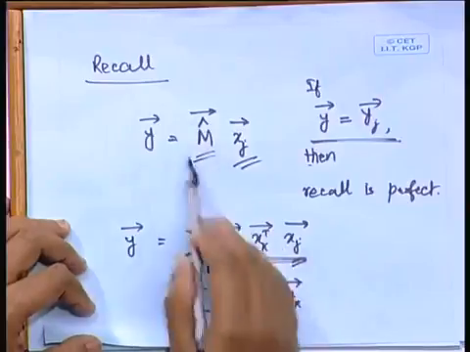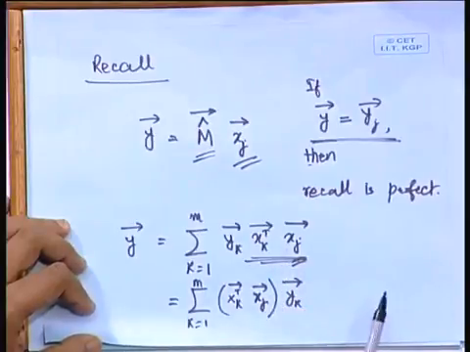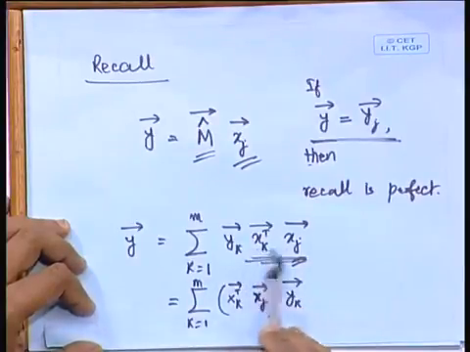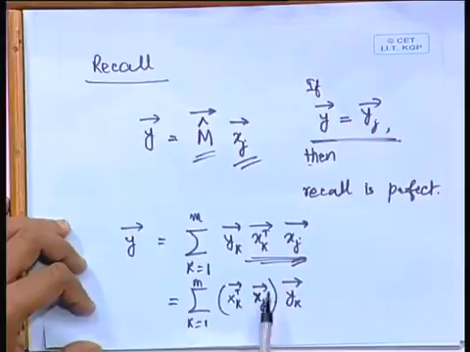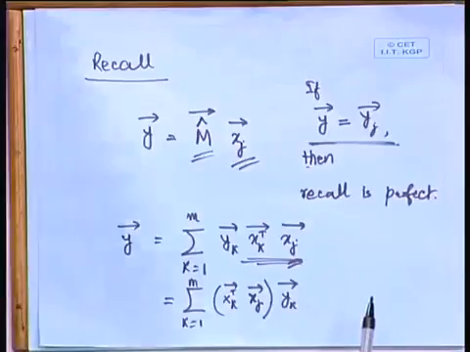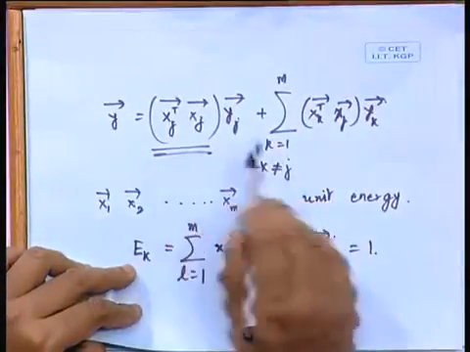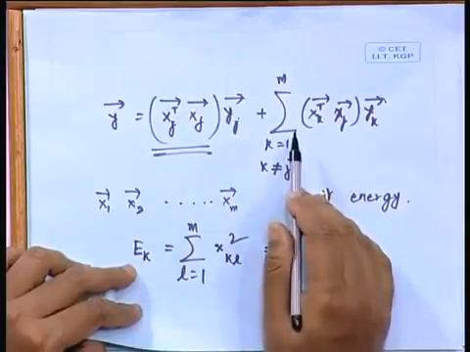By replacing it with the outer product of the vectors Yk and Xk transpose, and then associating this Xk transpose with Xj, we got the summation of Xk transpose Xj times Yk, from k equal to 1 to m, which we split up into the j term and the summation of all the non-j terms.